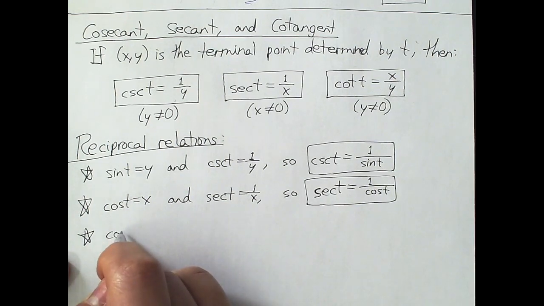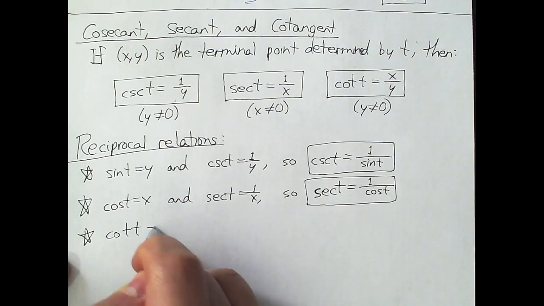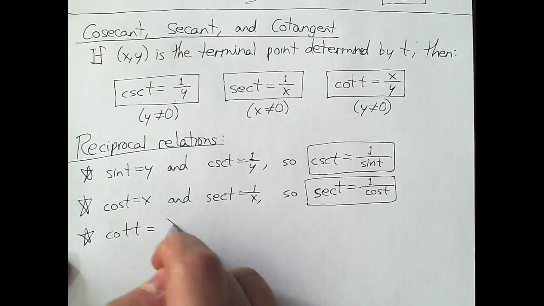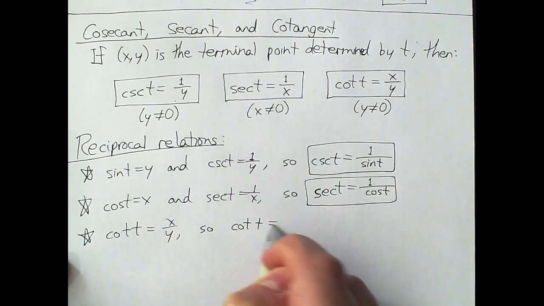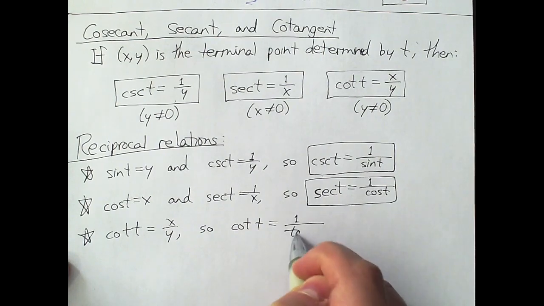I'll say cotangent of t is x over y. So cotangent of t is 1 over tangent of t.